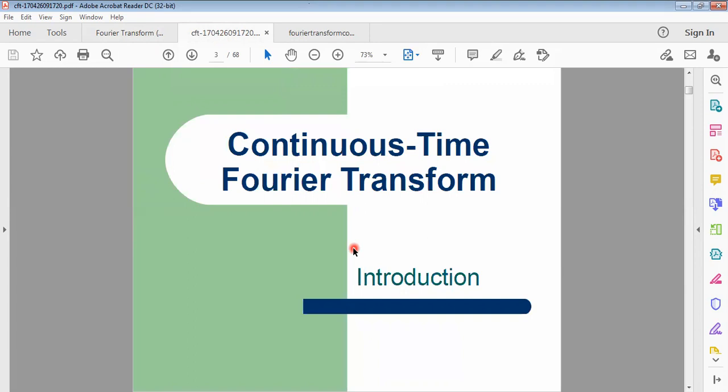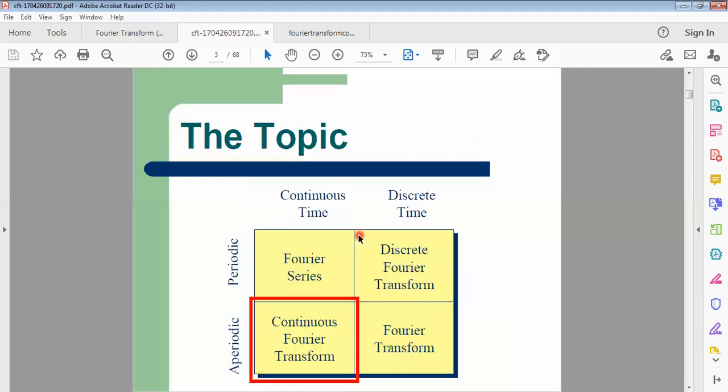Continuous means the whole curve is continuous within any interval, from the starting point to the end point. Now for periodic and non-periodic: we use the Fourier series for periodic functions, and for non-periodic we have to use the Fourier transform.